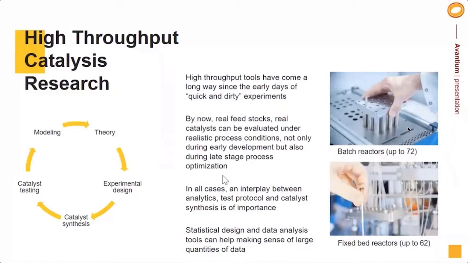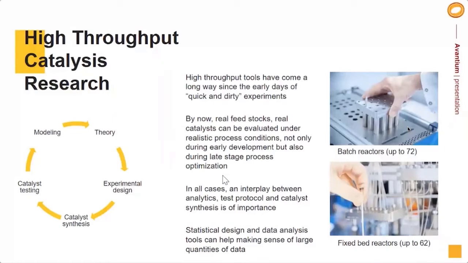Then you get a lot of data, which you need to model. And then you can validate your idea and repeat the cycle. So data analysis is really crucial in high throughput research, and also your analytics: the analysis of the products, the byproducts, the decomposition products. Everything needs to be analyzed very thoroughly to do a proper high throughput approach.